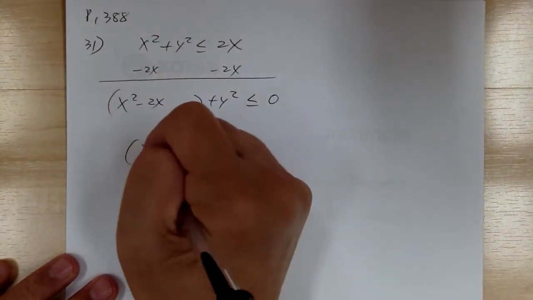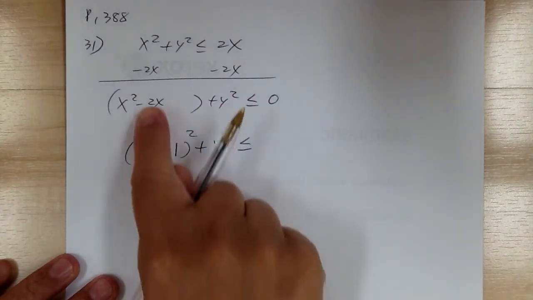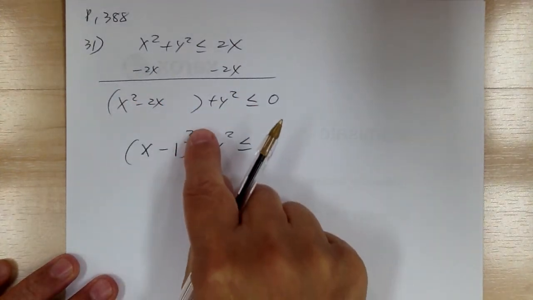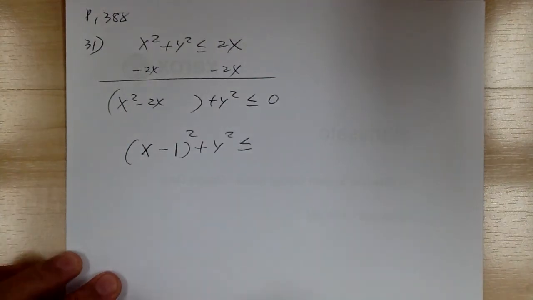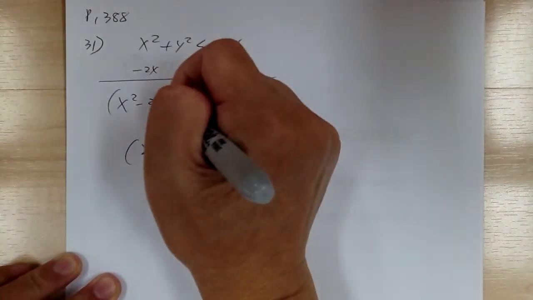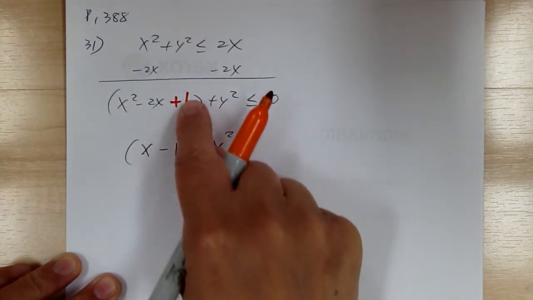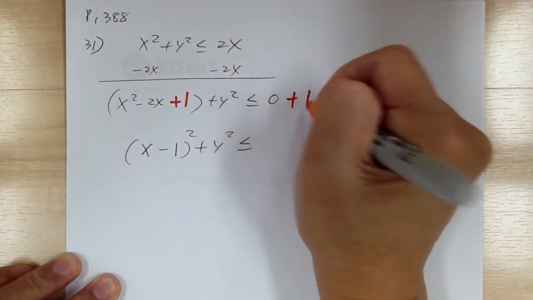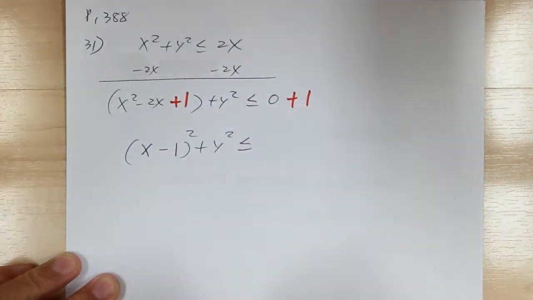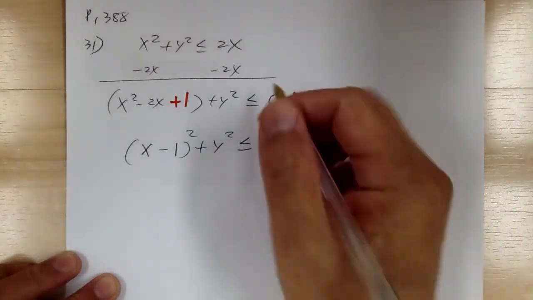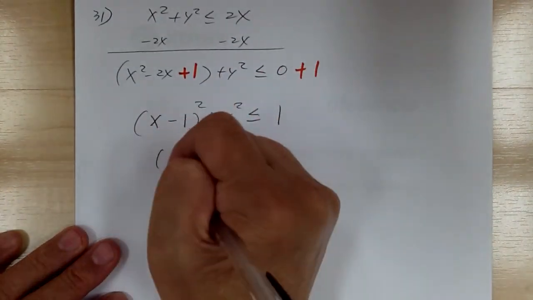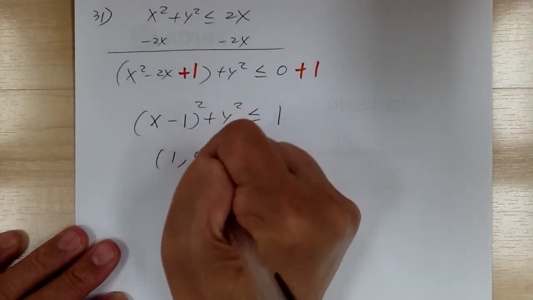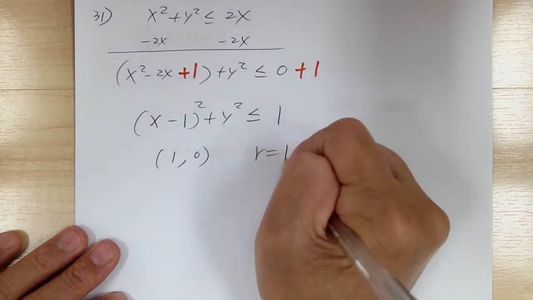So this one you need to have x minus 1. Right? This is always half of that, because this times I will give you that. But to get from here to here, you need to have plus 1, right? Because negative 1 squared is plus 1. So you plus 1 here, you need to plus 1 over here. So this will equal to 1. So your center is going to be at (1, 0). And radius is going to equal to 1.